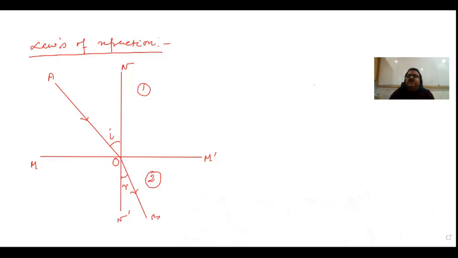The second law of refraction is called Snell's law.